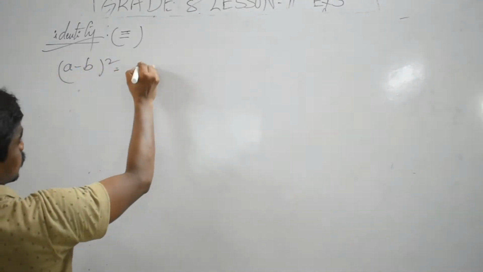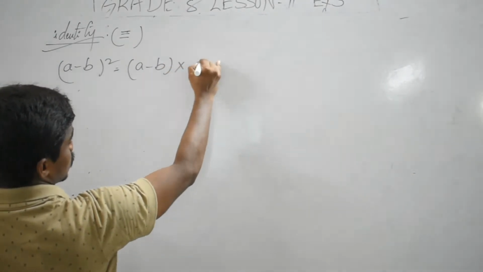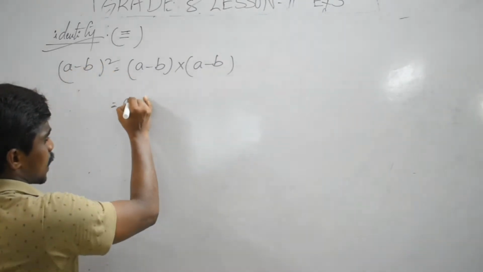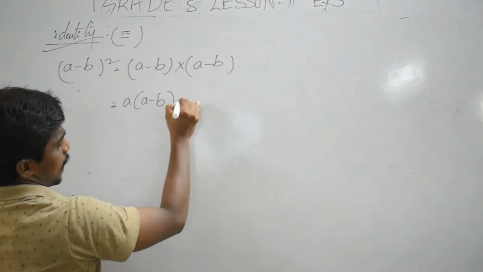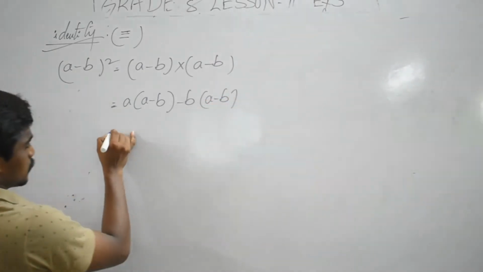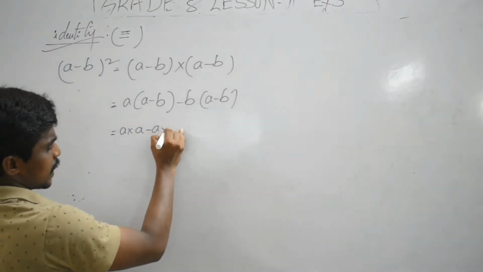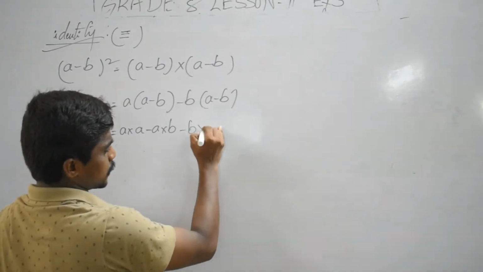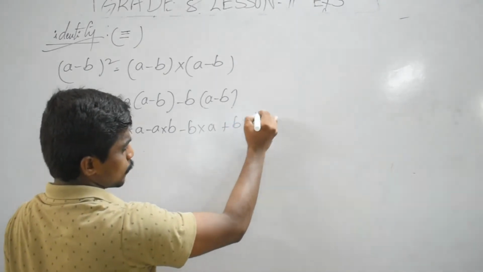So here, see, a minus b multiplied by a minus b. Now a times a minus a times b, minus b times a, minus into minus plus b times b.